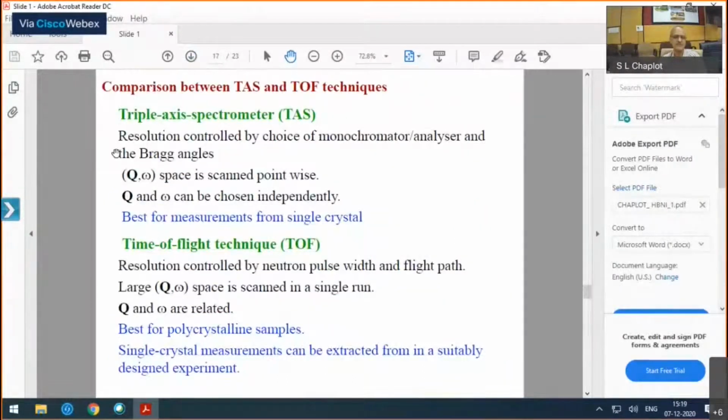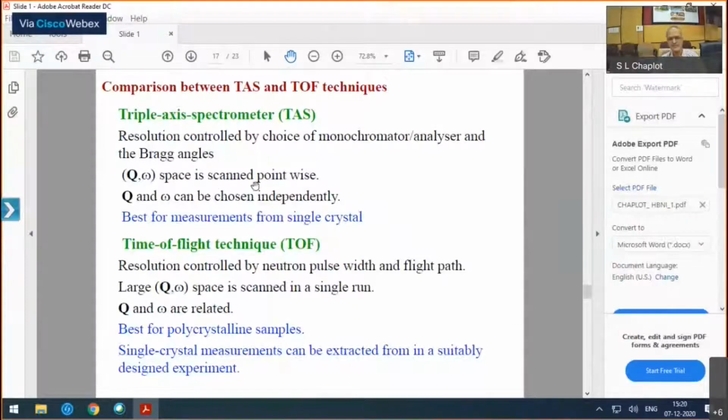Okay, so if we just broadly look at the comparison between the two techniques, in the triple-axis spectrometer, the resolution is controlled by the choice of monochromator and analyzer crystals and the corresponding Bragg angles. But in this Q-omega space, the actual scanning is done point-wise.